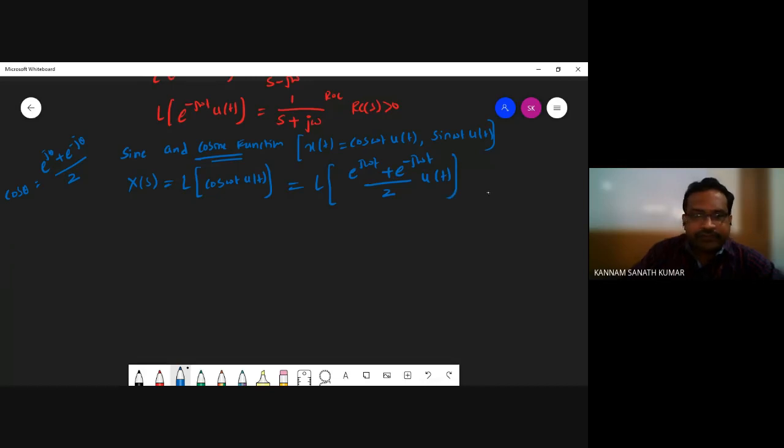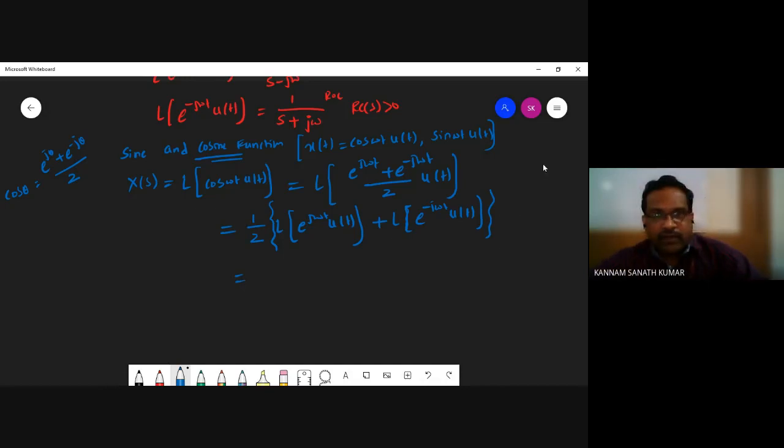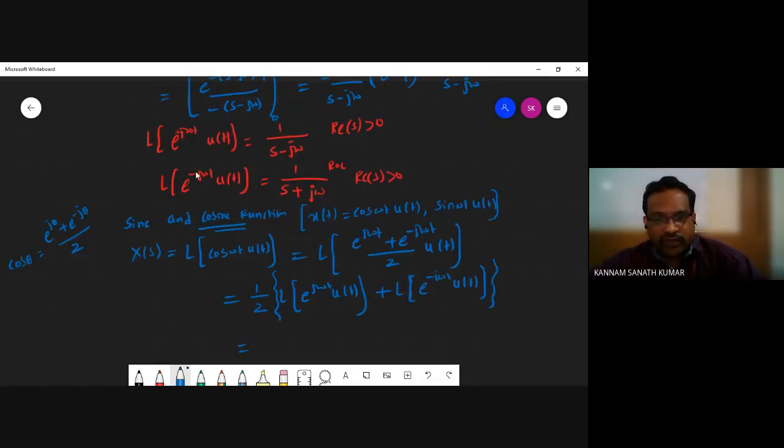So this is 1 by 2, a constant, so bring it outside: the Laplace transform of e power j omega t u of t, plus the Laplace transform of e power minus j omega t u of t. Previously we have seen the Laplace transform of the complex exponential: e power j omega t u of t is 1 by s minus j omega, and e power minus j omega t u of t is 1 by s plus j omega.